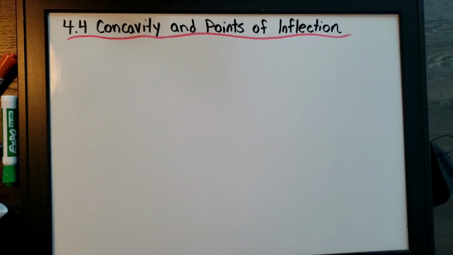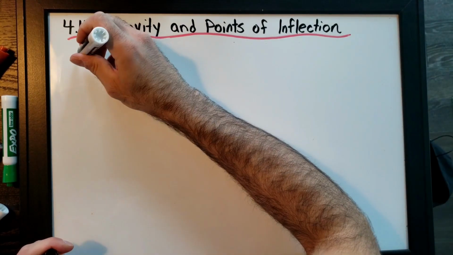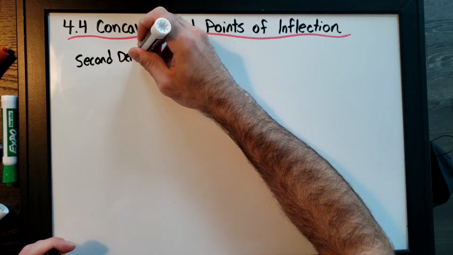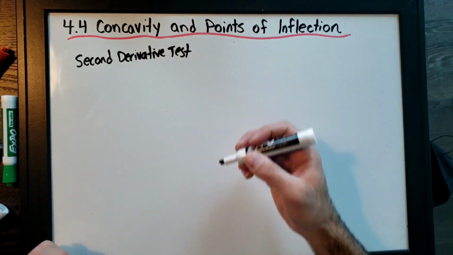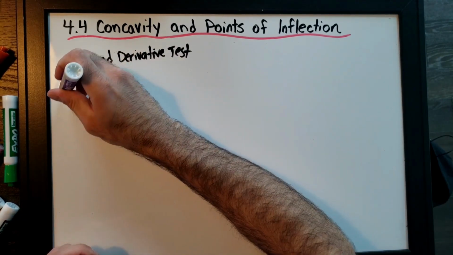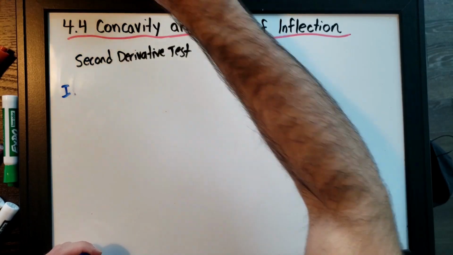Okay, so here we're going to use the second derivative test to find local extrema. Okay, so I'm just going to write a statement here. So if the second derivative, terrible, too many F's.